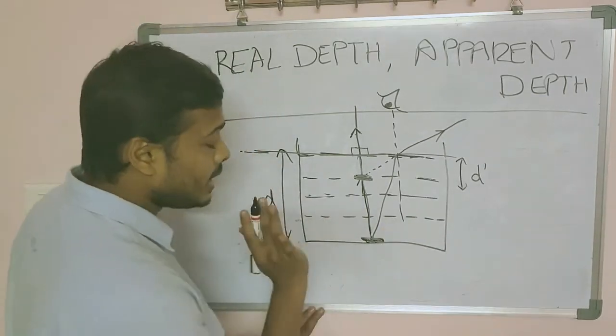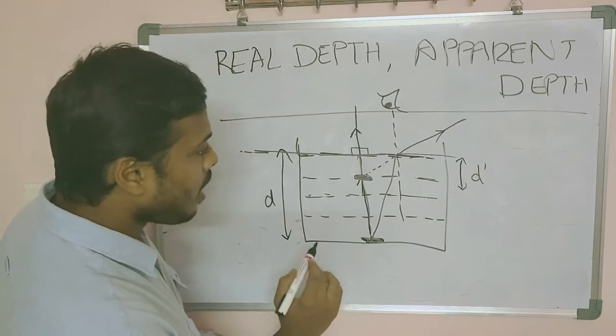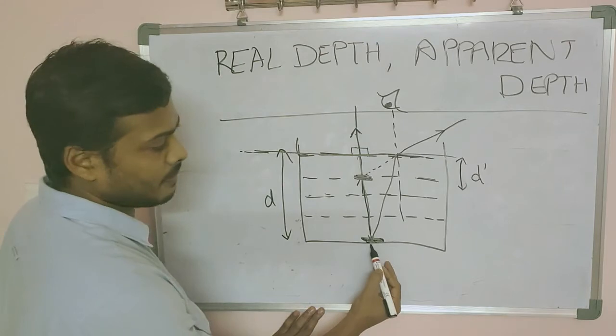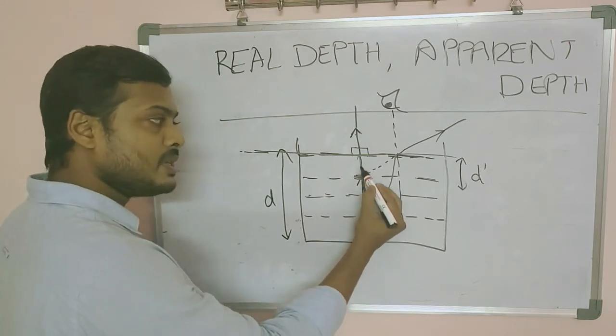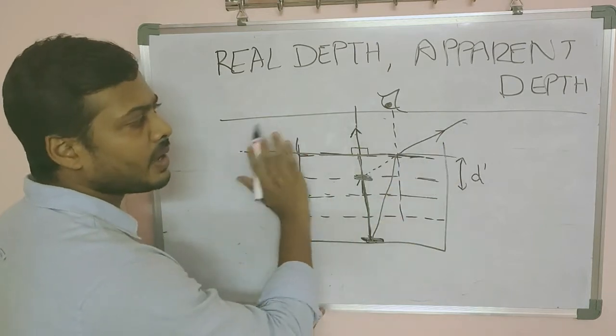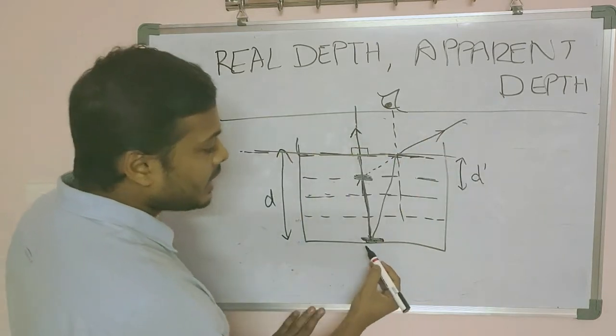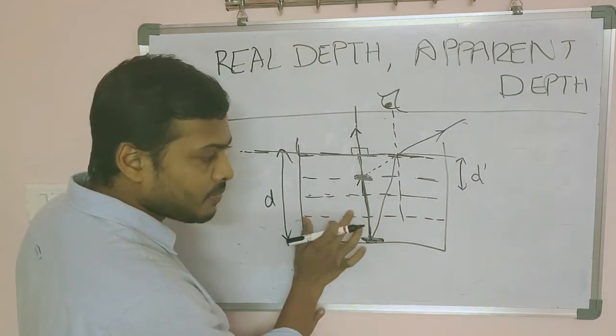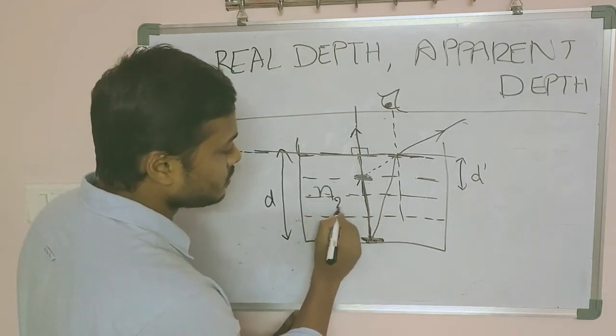Now, the light is coming from this medium into this medium. This is water and this is maybe air or any other medium. If the light ray is coming from this medium, let its refractive index be N2.